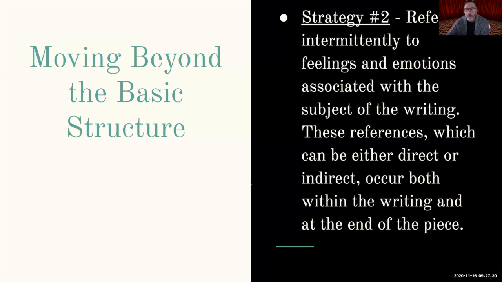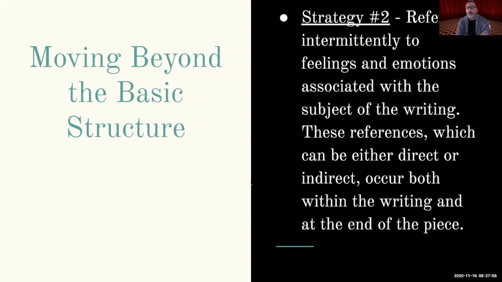So when we talk about describing feelings or emotions in a piece of writing, there are really two ways to do that. There is direct, which means that you are telling the audience, this is how I felt and why I felt that way, or indirect, which is very close to show, don't tell: rather than telling the reader how you felt, you are showing the reader how you felt.